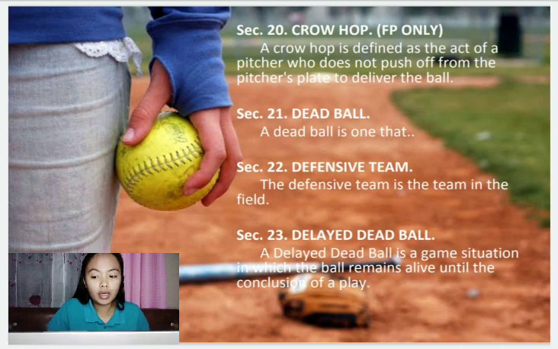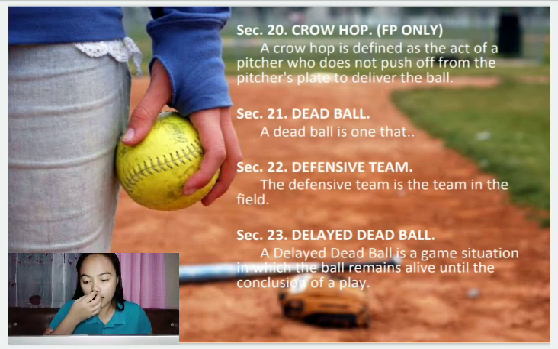And also, maging dead ball din siya pag nahawakan siya ng mismong tao na hindi kasali sa laro. It is also a dead ball when it lodges in the umpire's gear or in an offensive player's clothing. So, dead ball siya pag tumama siya sa umpire's gear and tumama siya sa offensive player's clothing. The umpire has ruled it dead.